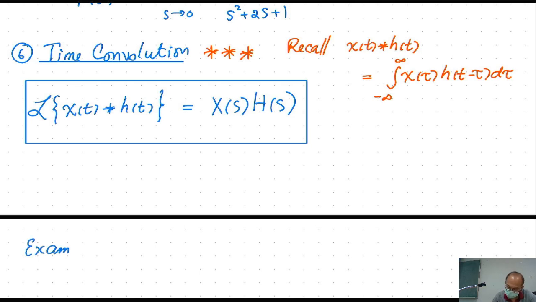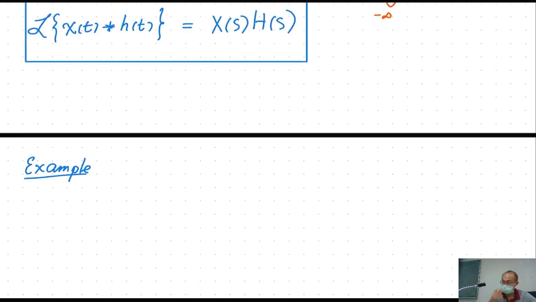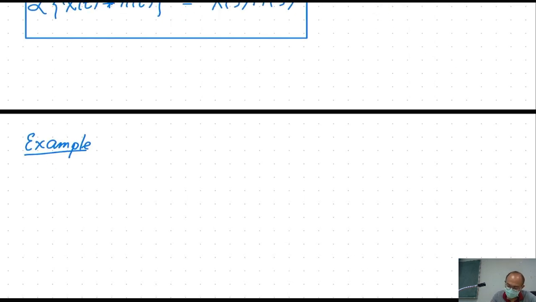So let us look at this example. Remember how miserable our lives were when we did this. Let x(t) equal e to the negative t u(t) convolved with u(t).